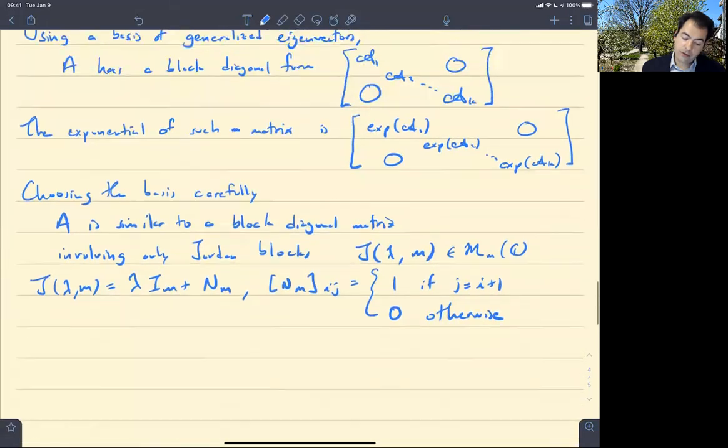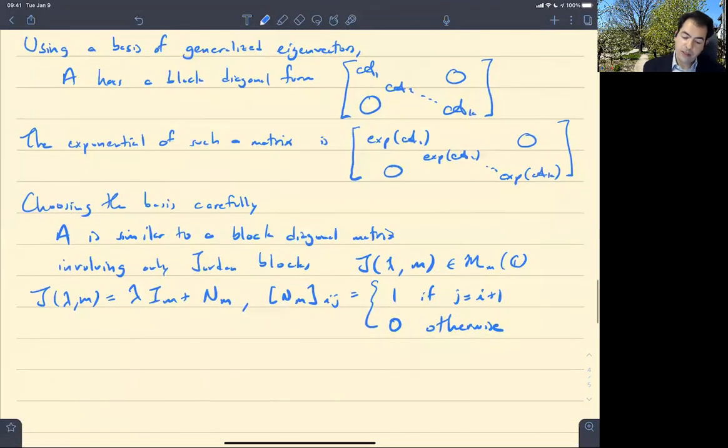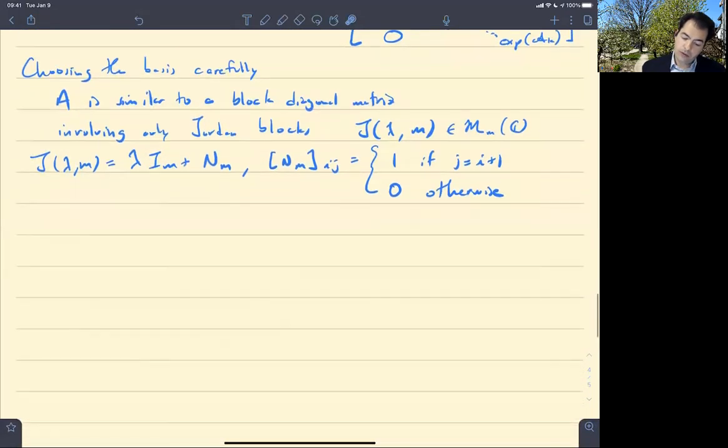Okay, so then if we want to figure out the exponential of a matrix, in general, we have to figure out the exponential of these block diagonal matrices. And to figure that out, well, it's enough to figure out the exponential of a Jordan block. Okay, so what's the exponential of J lambda m? Well, fortunately, lambda times the identity and N m commute.